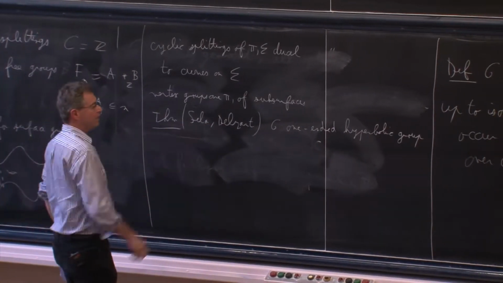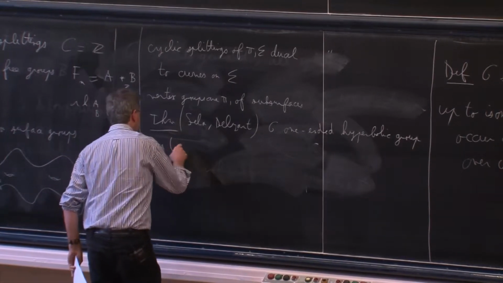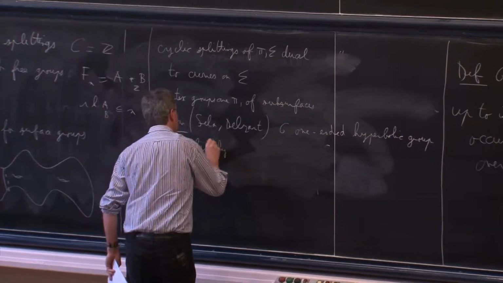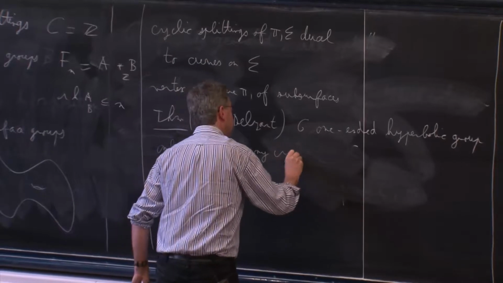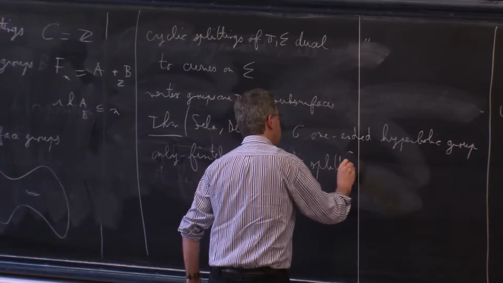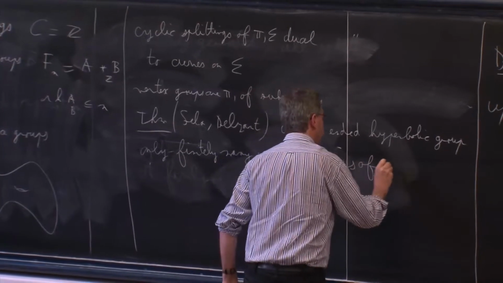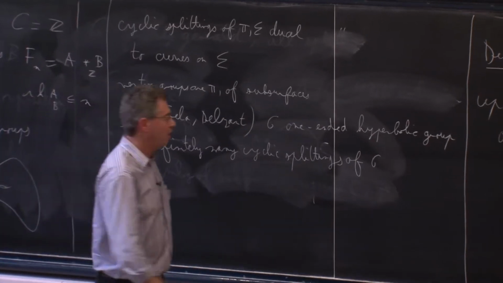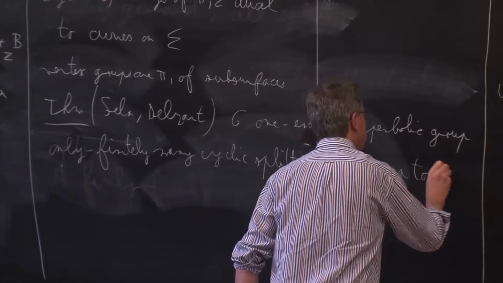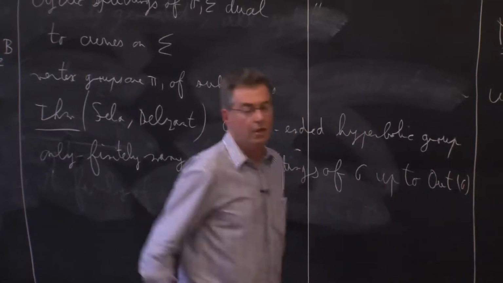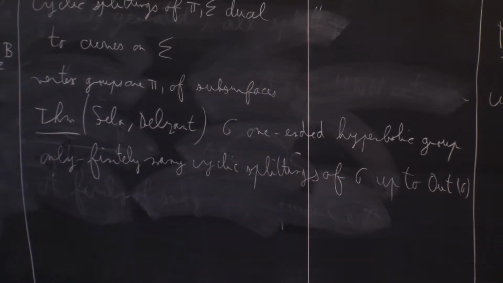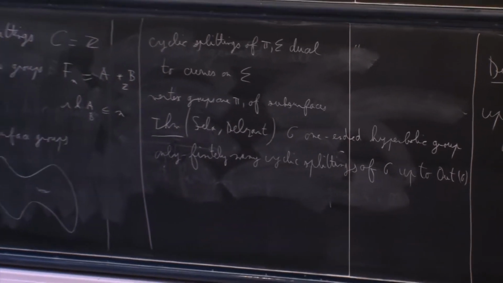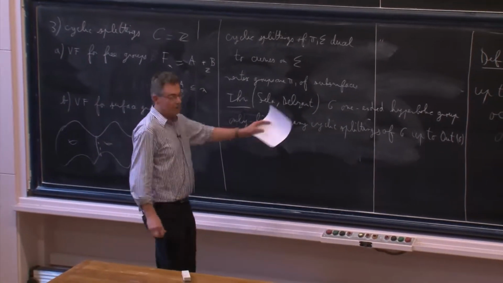Then there are only finitely many cyclic splittings of G, so splittings of G over a cyclic group, up to the action of Out(G). So I have a finite set of splittings, and every splitting is obtained by composing that splitting with an automorphism of the group. Okay, and this result may be generalized.